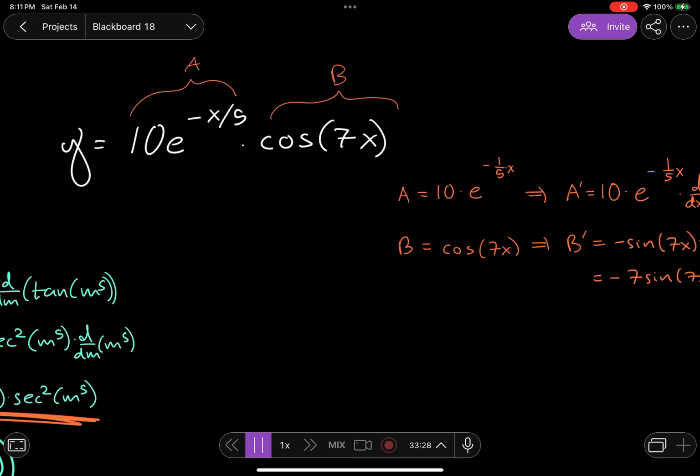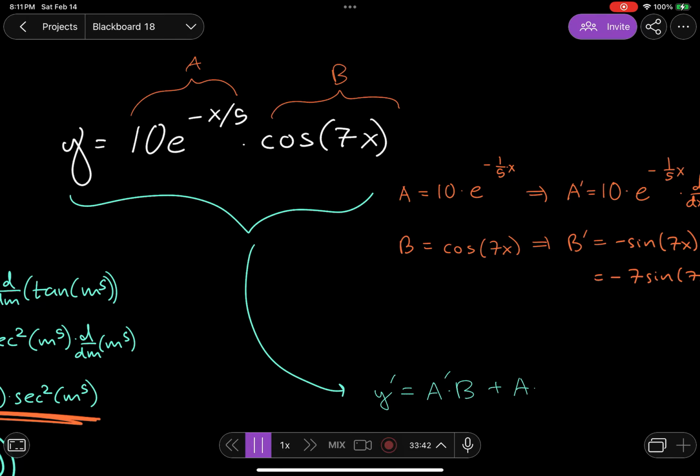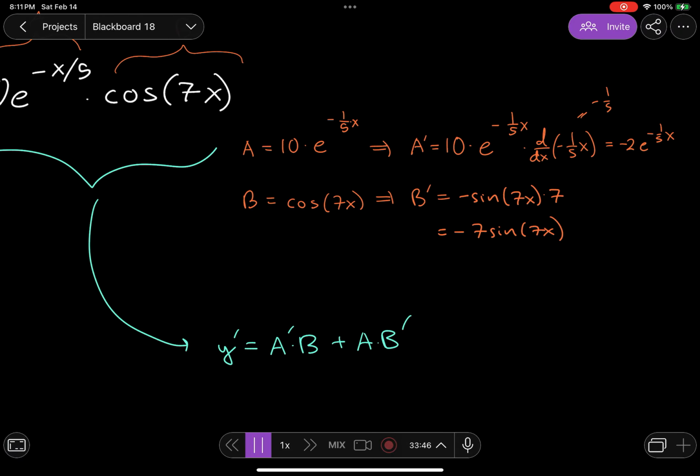And now this is just, what does the product rule say? So we have y prime is equal to a prime times b plus a times b prime. And what we got is just plugging stuff in. That's easy. It's easy enough.